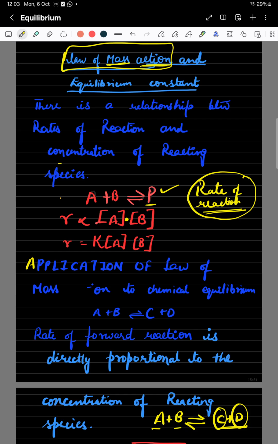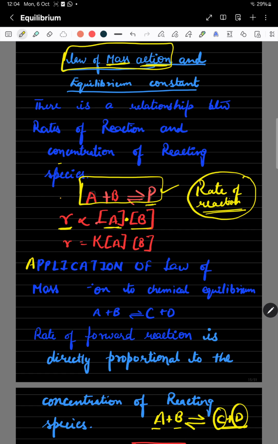Whenever you have a chemical reaction, A plus B react and produce the product P, and this reaction takes place in a reversible manner, so it's a reversible reaction. The rate of a reaction is directly proportional to the product of the concentrations of the reacting species.